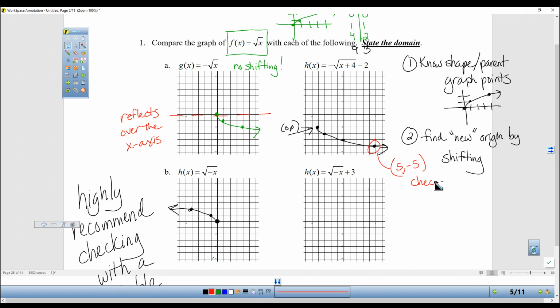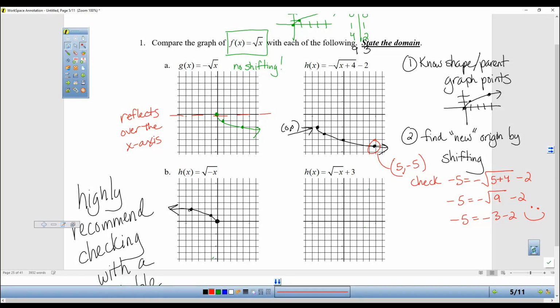So to check, I can literally say negative 5 needs to be equal to negative square root of 5 plus 4 minus 2. Negative 5 is equal to negative square root of 9 minus 2. Negative 5 is equal to negative 3 minus 2. Yes. If you just check one point and you actually get the answer that you think you are, then you can feel really confident that this is right.